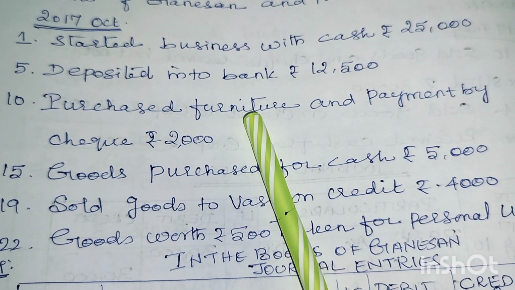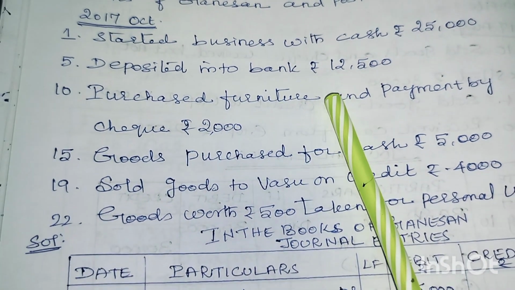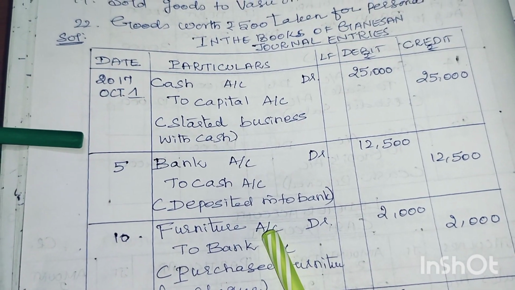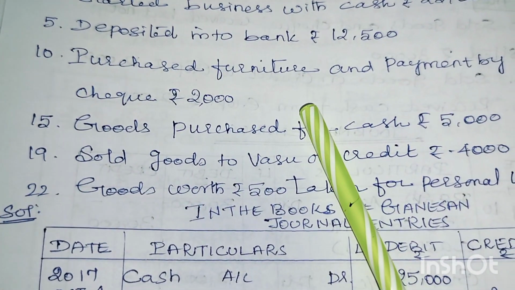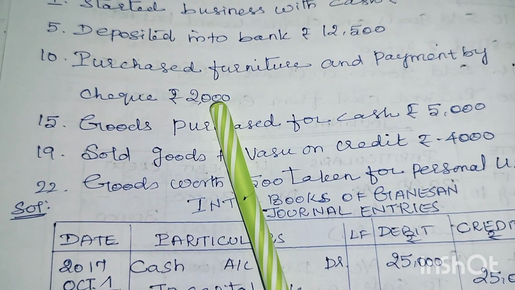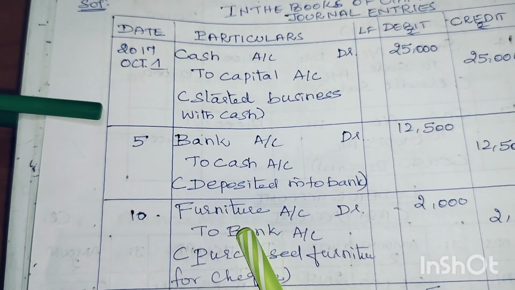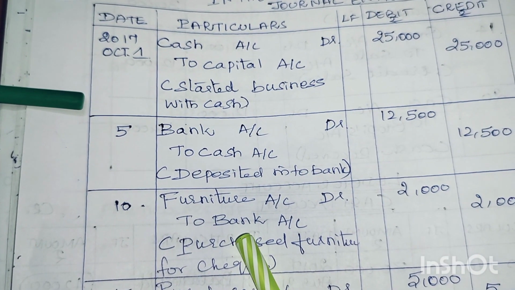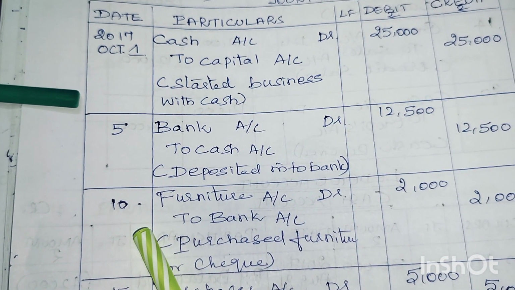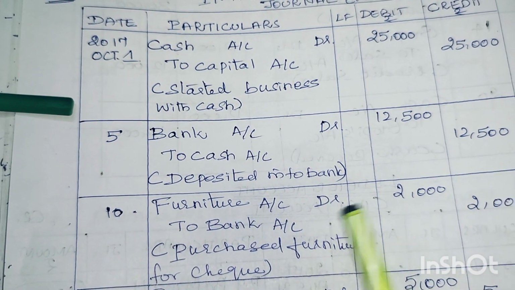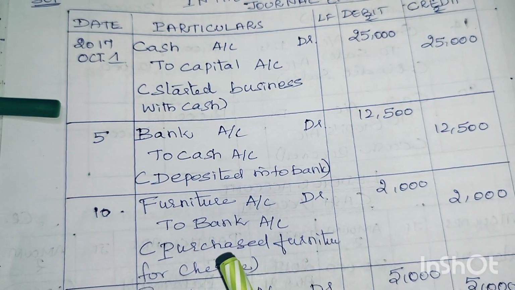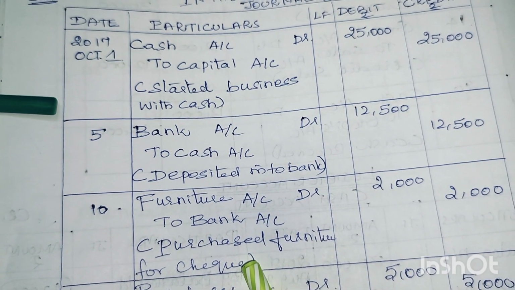Purchased furniture is an expense, all expenses are debited, so we debit the furniture account. How did you make the payment? You made the payment through cheque. Cheque means bank account, so your bank account decreases, so you credit the bank account. What is the journal entry? On October 10, furniture account debtor 2,000 rupees to bank account 2,000 rupees. What is the narration? Purchased furniture for cheque.